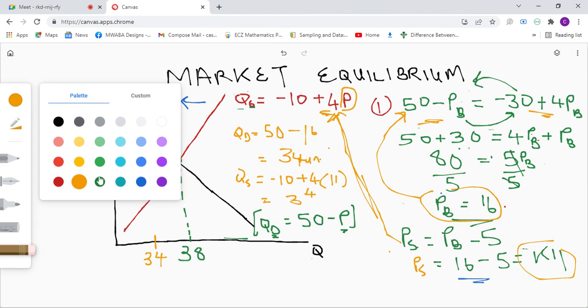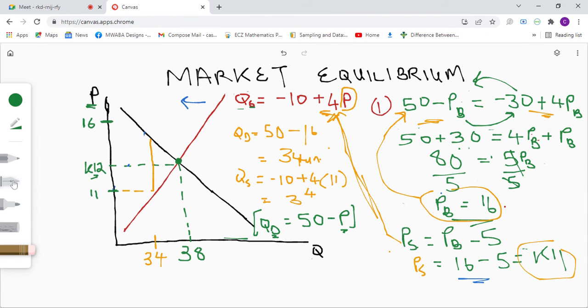Okay, so the tax is represented by the vertical distance between the first supply curve and the second supply curve, right? So remember the tax is 5 kwacha, so we can say 11 plus 5, so 16 is going to be here. We'll bring 16 down here, bring 16 there, and then our supply curve will come like this.